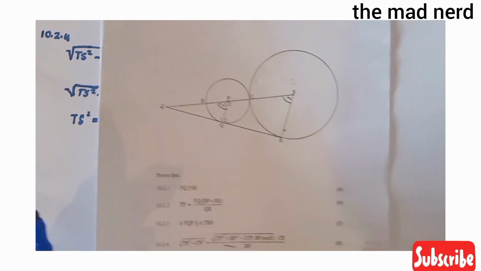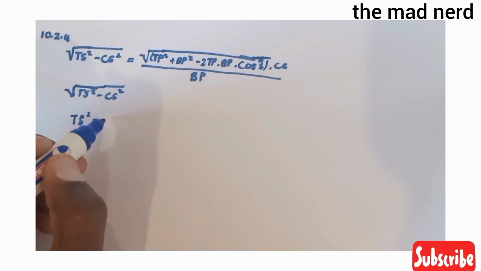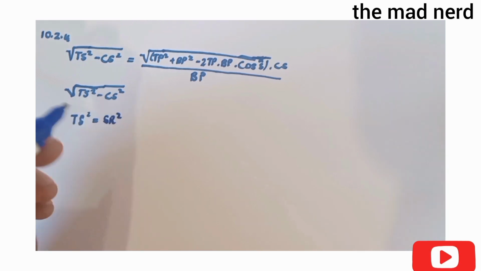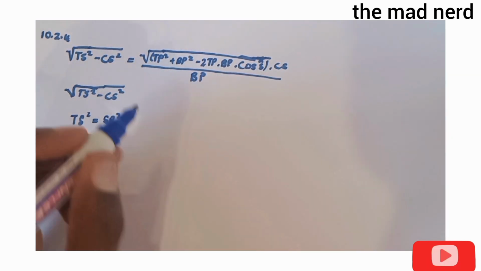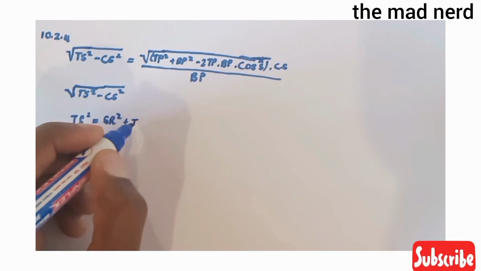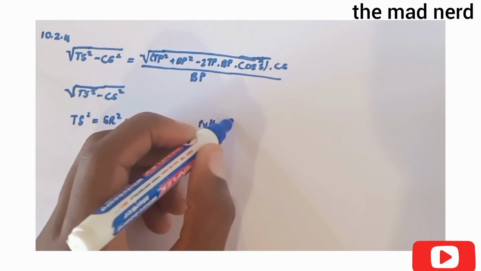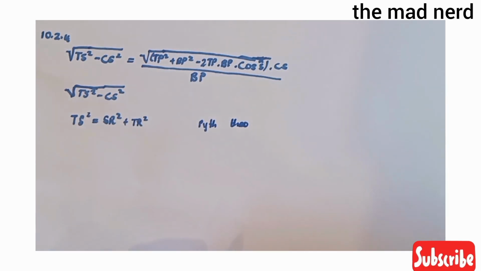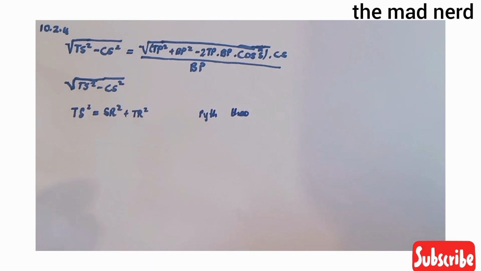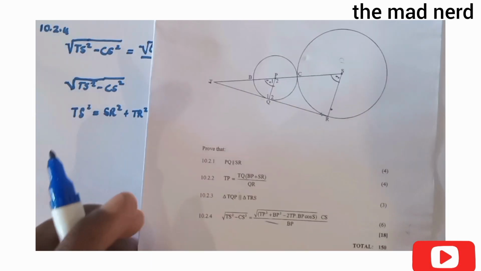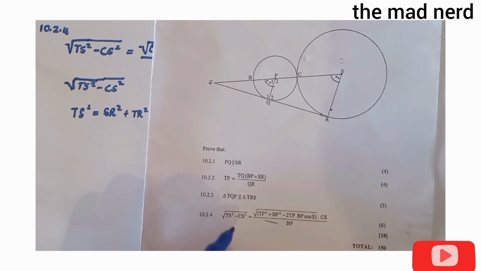So the hypotenuse, and then we can say SR squared plus TR squared. That's Pythagoras' theorem.